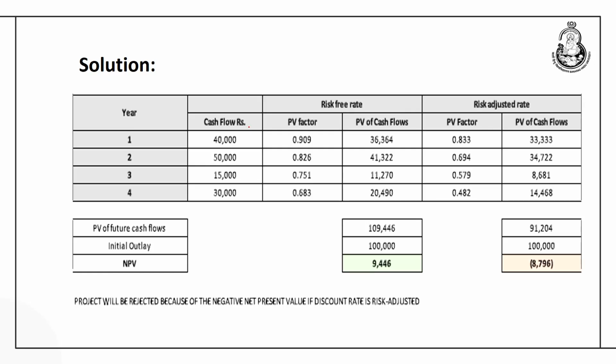Now, we are here to apply the same concept for discounting the inflows to their present value. If we look at the cash flow for project A, this solution refers to project A. So, it is 40,000 in the first year, and at 10% the PV factor was 0.909.